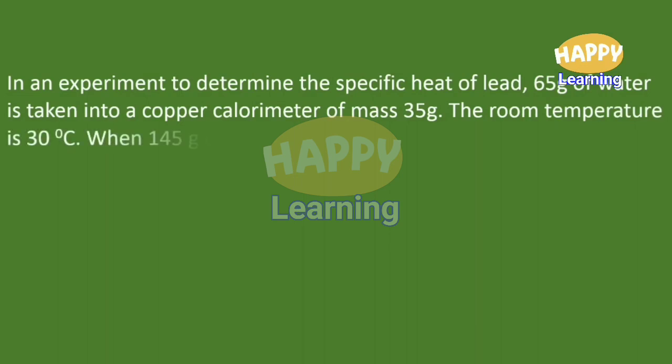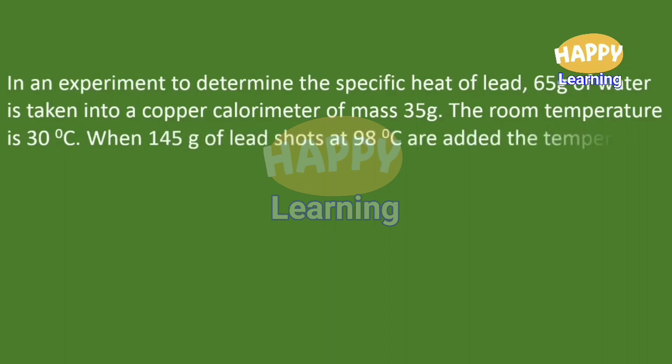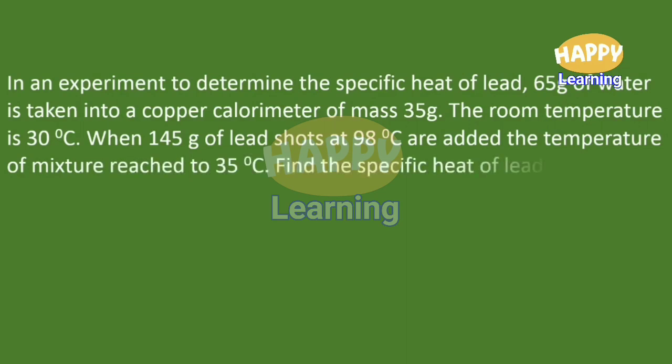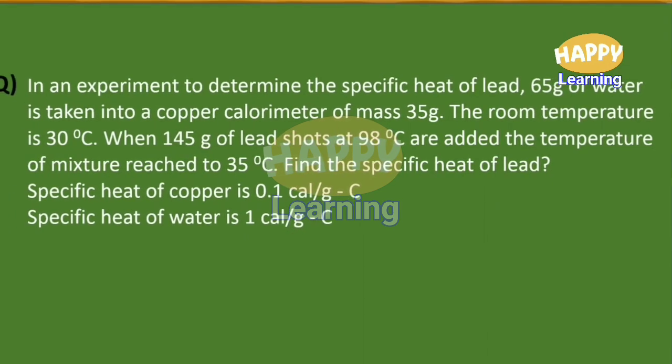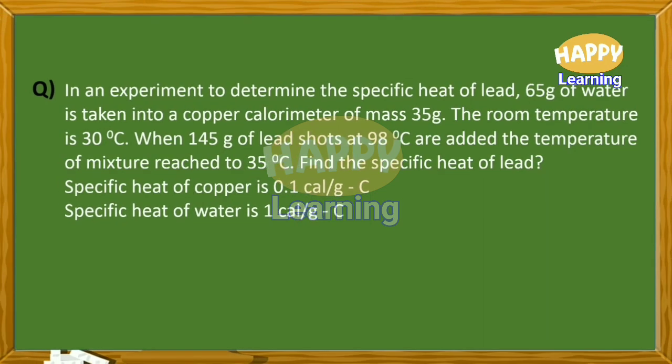When 145 grams of lead shots at 98 degrees Celsius are added, the temperature of the mixture reached 35 degrees Celsius. Find the specific heat of lead. Specific heat of copper is 0.1 calorie per gram per degree Celsius, and specific heat of water is 1 calorie per gram per degree Celsius.